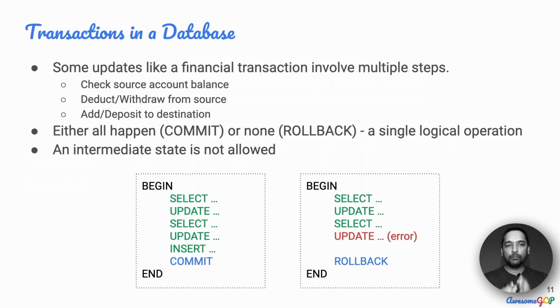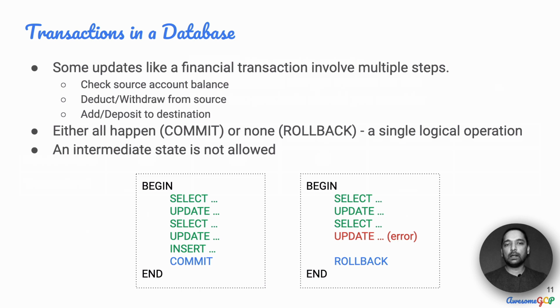It is very important to have all of these steps happen or none of them. So after all happen, you can do a commit and treat that as a logical unit. Or if even one of them fails, you have to roll back all of them.